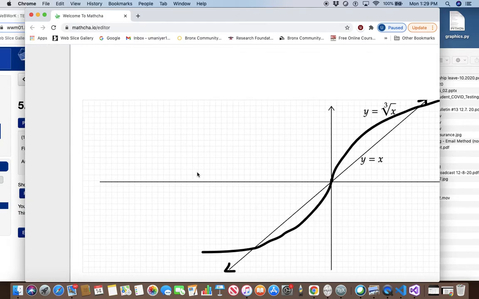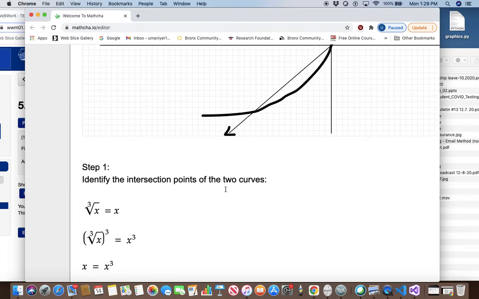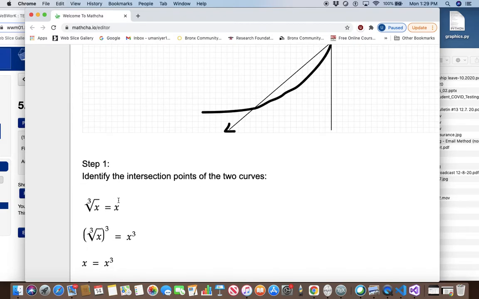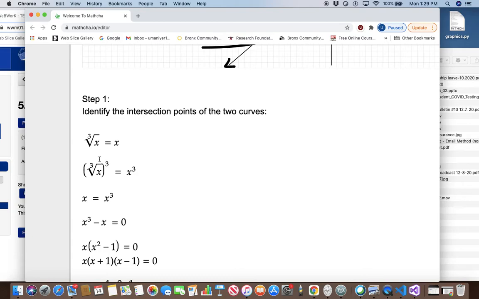Either way, we need to find the intersection points. To identify them, we set the two expressions equal: cube root x equals x. Cube both sides: x equals x cubed.